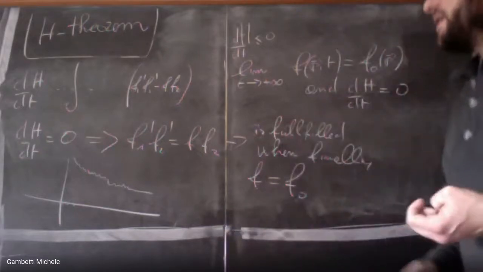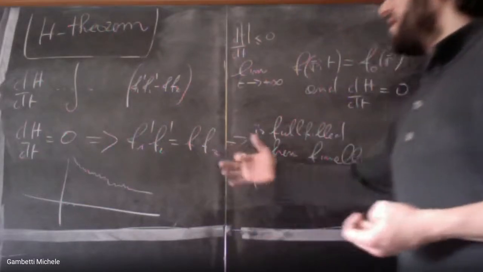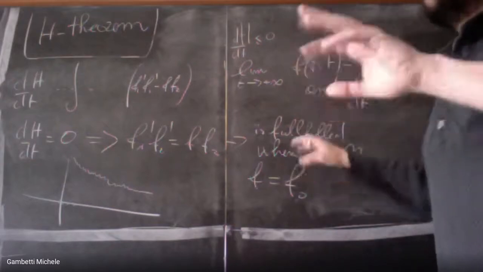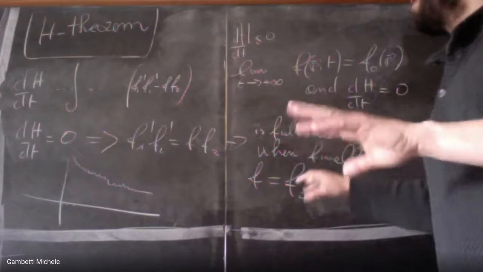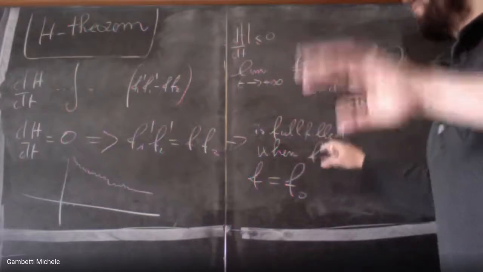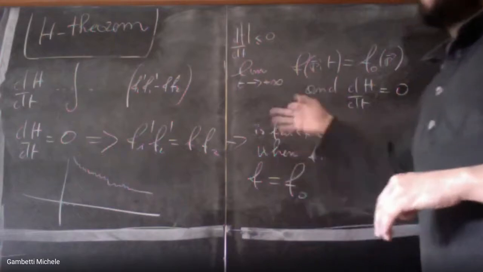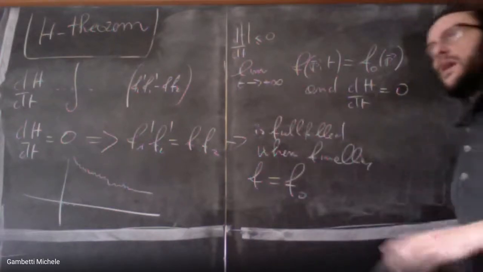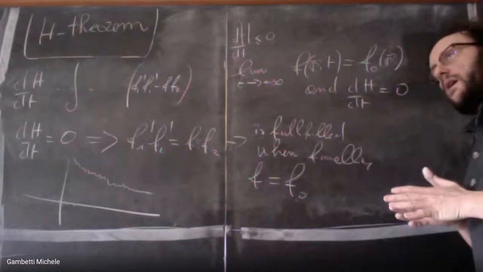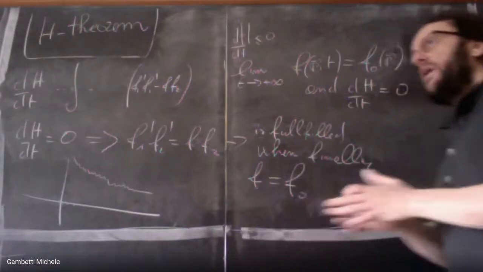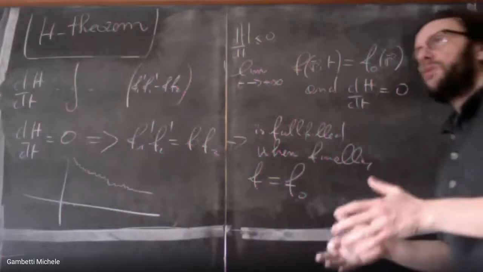So if you think about the evolution of a dynamical system as a sort of pseudo-random generation, in which these pseudo-random numbers are the positions and the momenta of the particles, it's clear that the system evolves towards the most probable situation.